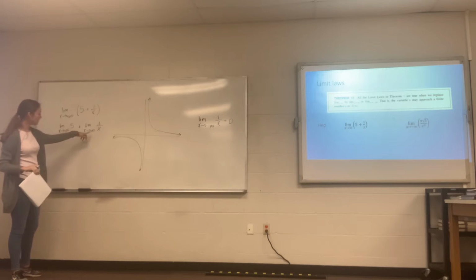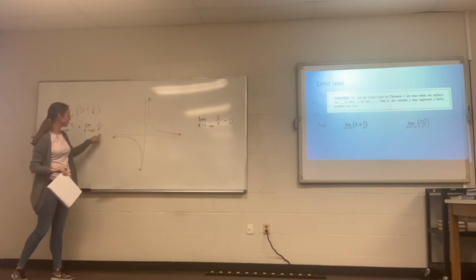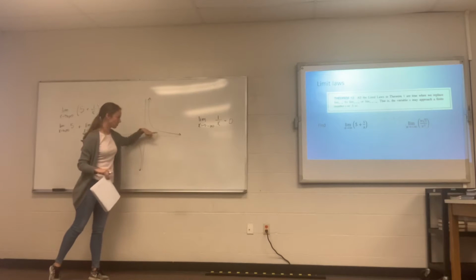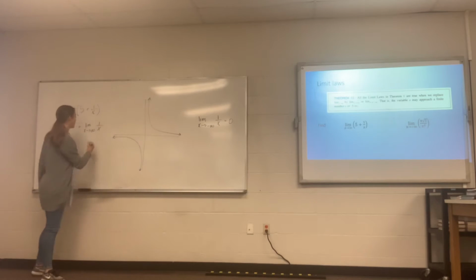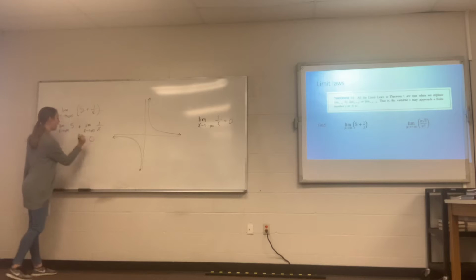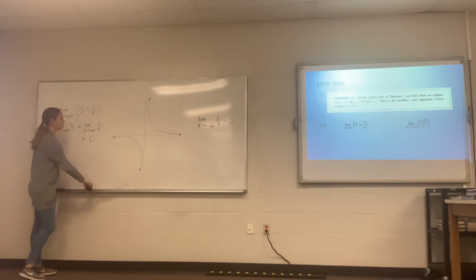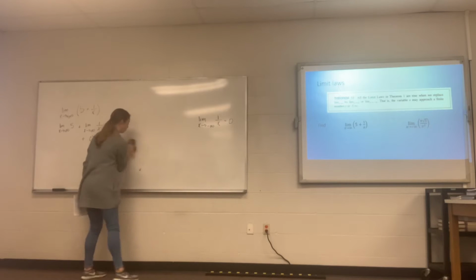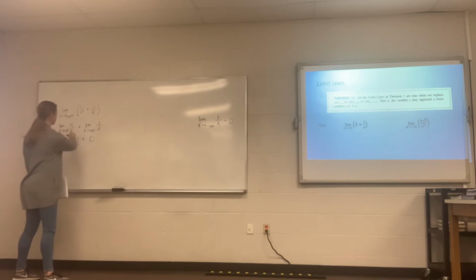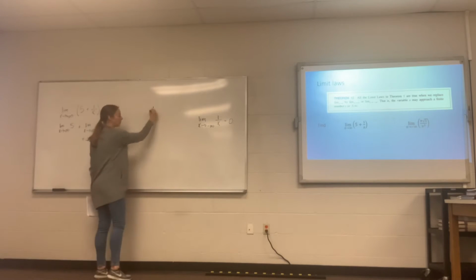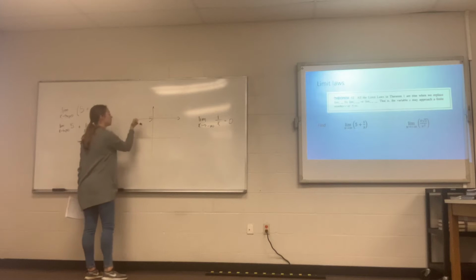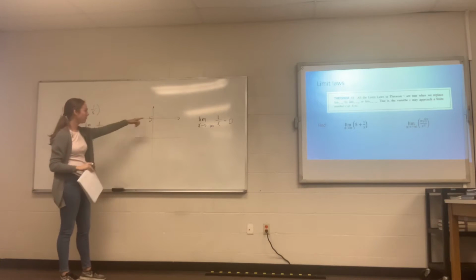Well, we just said that the limit as x approaches infinity of 1 over x is 0, which here's our graph up here still, so our limit for this part is 0. And then if I think about my limit as x approaches infinity of 5, well, if I have a graph of just 5, I know that's just a horizontal line up here at 5.